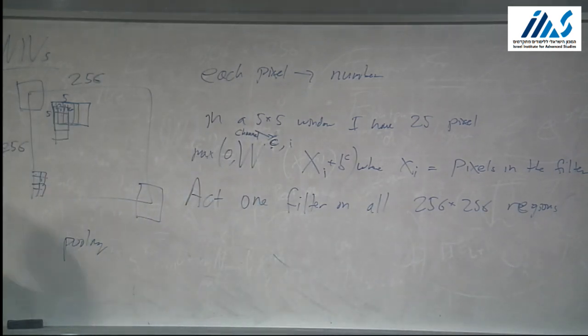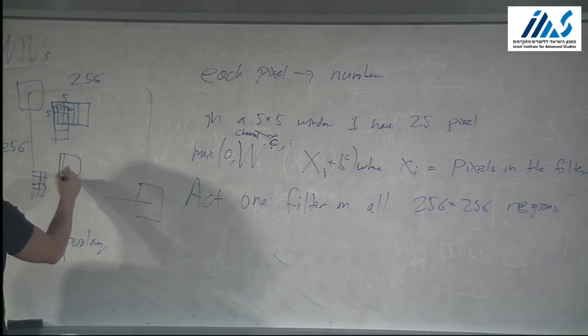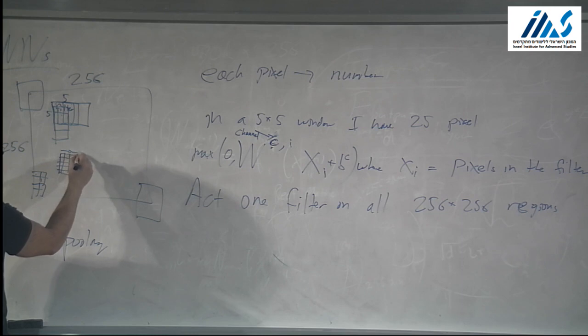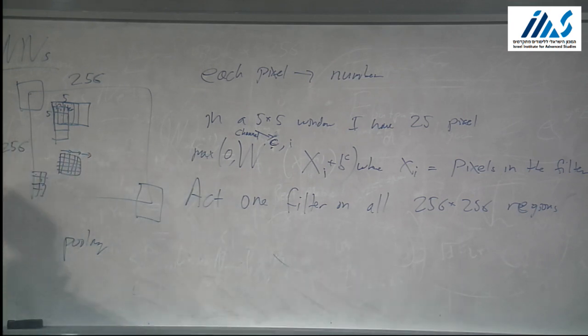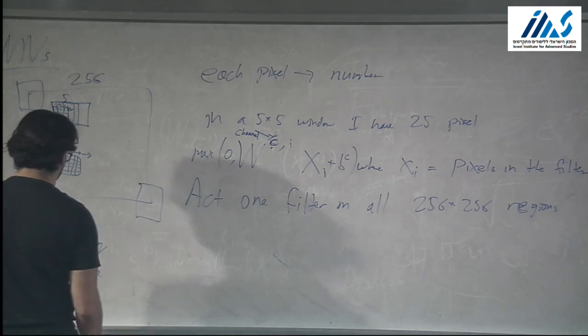Another thing you could do instead of pooling, which maybe makes as much or more sense, is I can apply my filters with steps. So if this filter is 5 by 5, then I can slide it 2 units at a time. And if I slide it 2 units at a time, then I cover the whole image in half as many steps as if I slide it 1 pixel at a time. And so naturally I reduce from 256 by 256 to 128 by 128. So I can either use pooling or what people call stride.